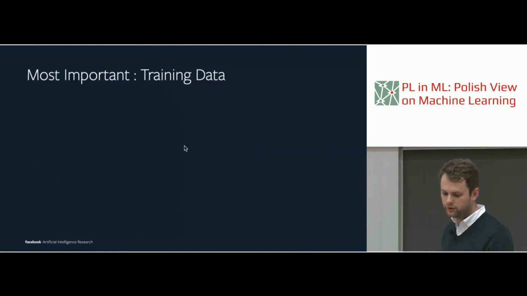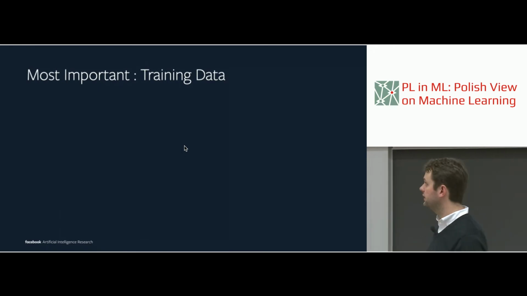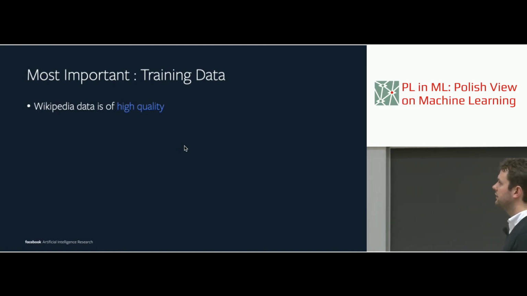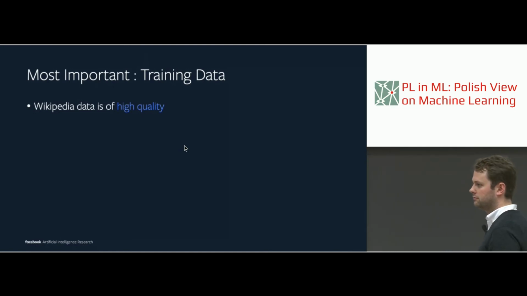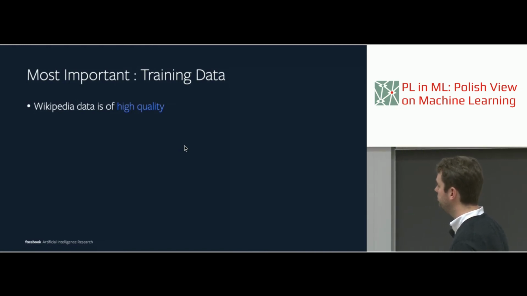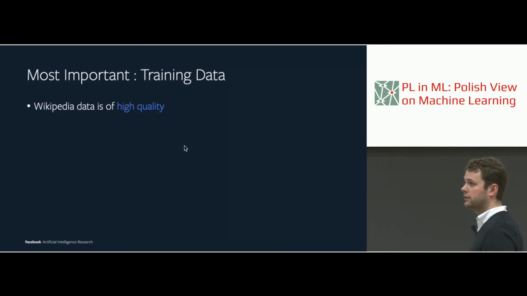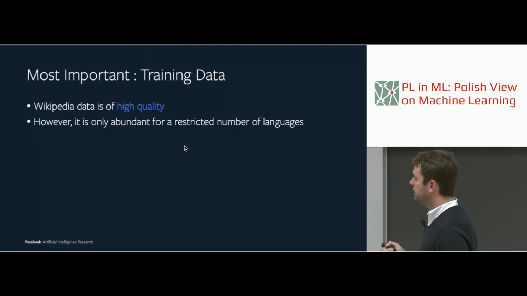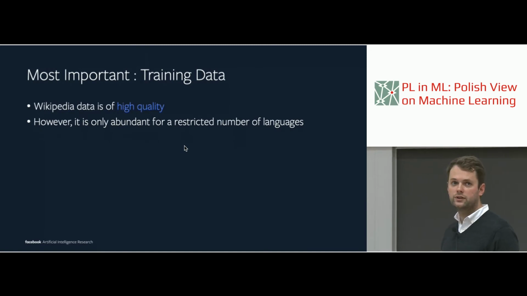What was most important was working with the training data. So Wikipedia, you can easily consider that it's data of high quality. It's well written, it doesn't have many typos, describes a wide variety of stuff. However, it's only abundant for a restricted set of languages.